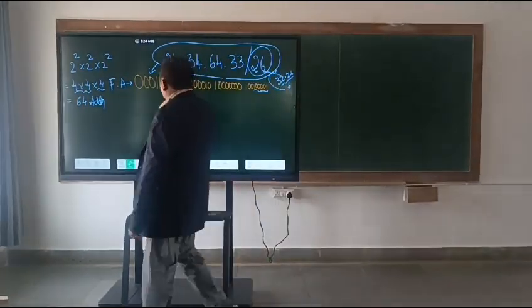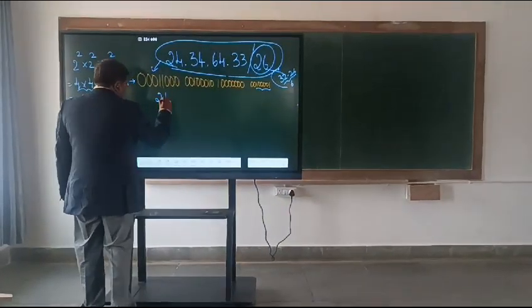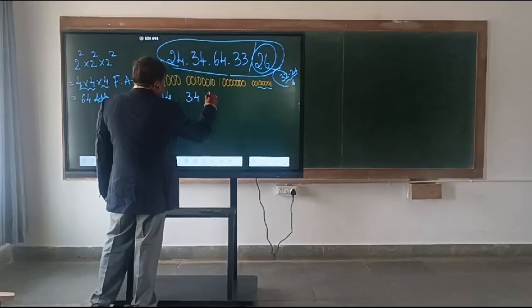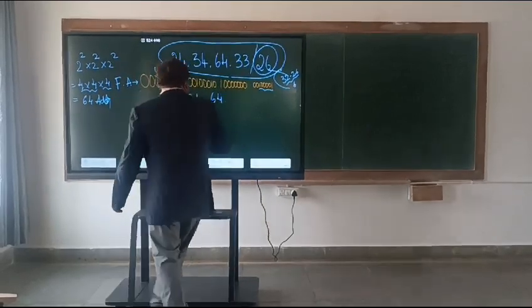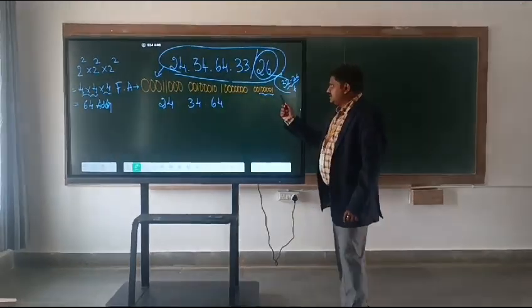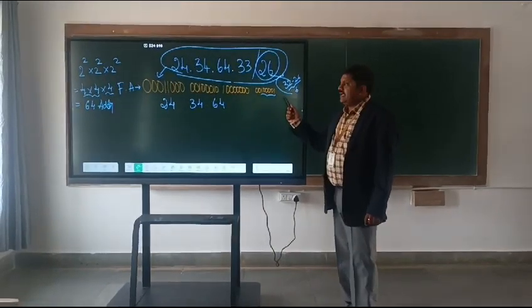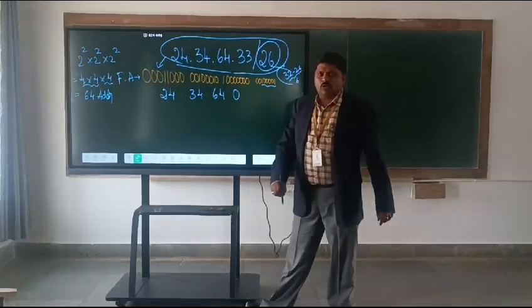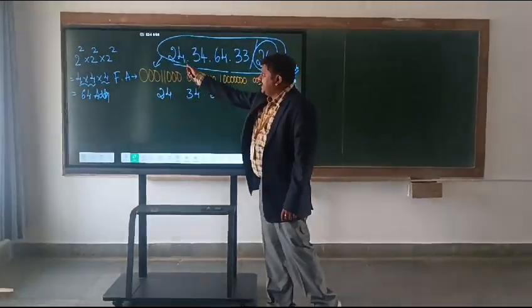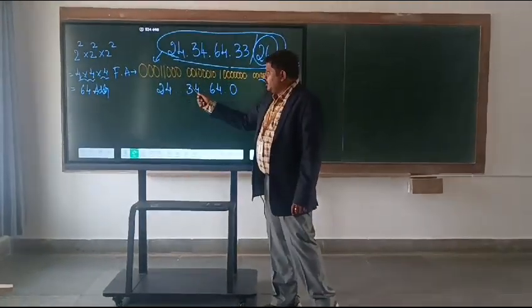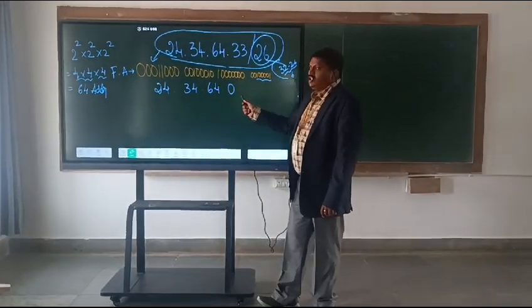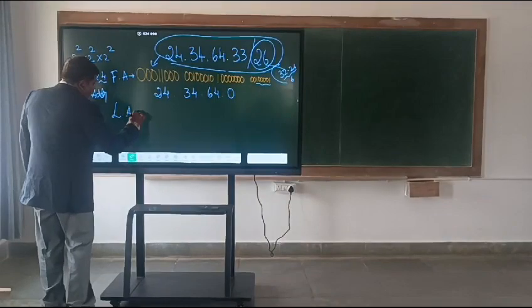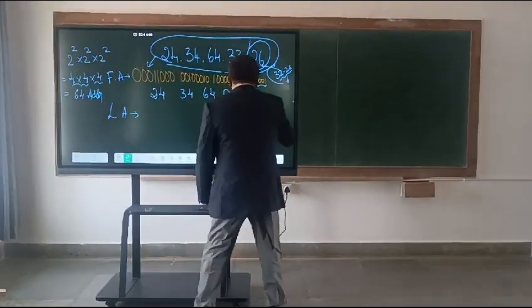The first fields remain the same, 24.34.64. If I replace the last 6 digits of binary with zeros, this straight away becomes 0. So my first address in the given block is 24.34.64.0.